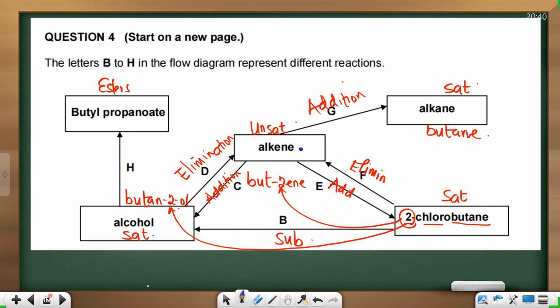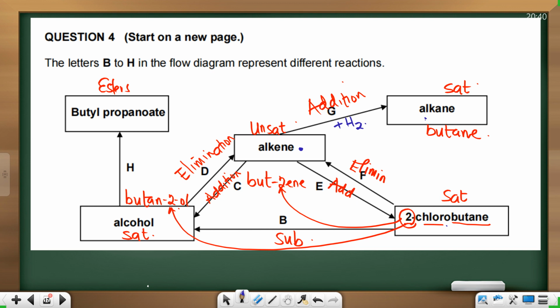This is an alkane. Alkanes have 2 more hydrogens than alkenes. Remember, alkenes have a double bond. So I'm actually adding hydrogen. That's hydrogenation. Look at F. F is chloro. I am removing, and I don't just remove chloro.